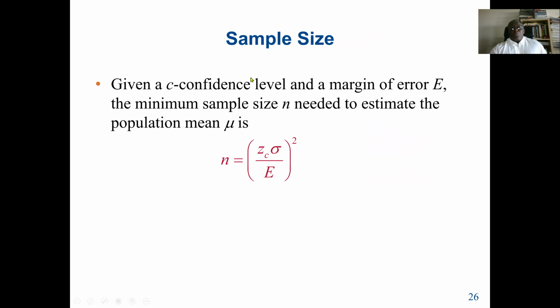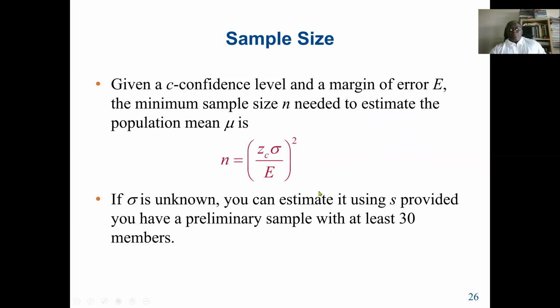Next we go to sample size, which is very, very important. Sometimes, based on the result given to us, we should know the sample size we are going to use. So given a confidence level c and a margin of error E, the minimum sample size n needed to estimate the population mean is n equals Zc times standard deviation over E, squared.